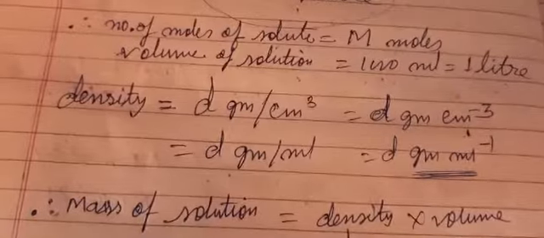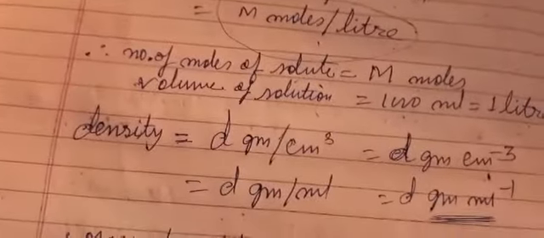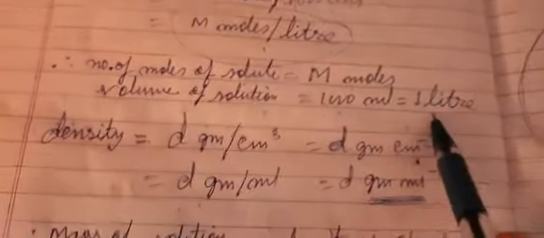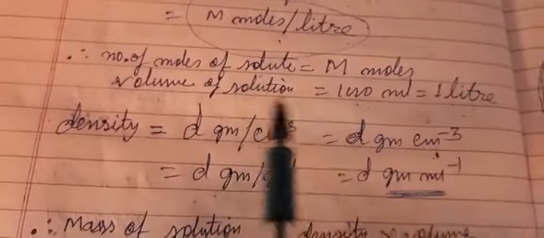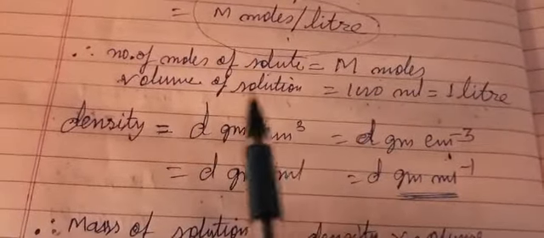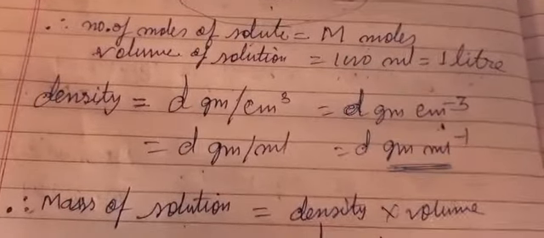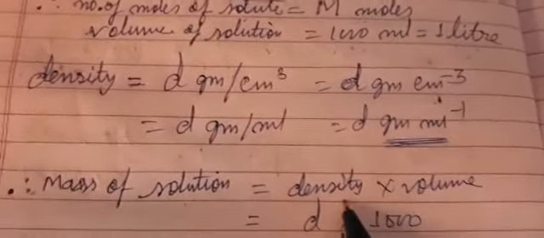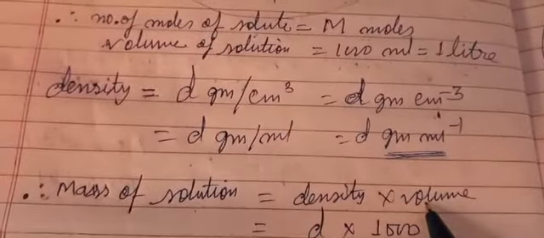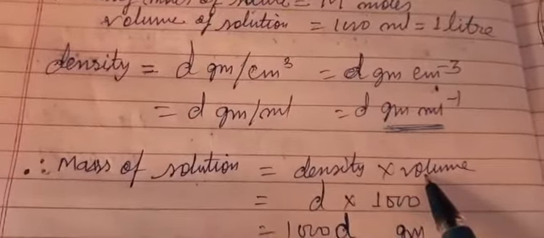So what is the mass of the solution? Because here you have got the volume of the solution. When you multiply density with the volume of the solution, you will get the mass of the solution. So mass of the solution equals density of the solution into volume of the solution. You know this formula very well.